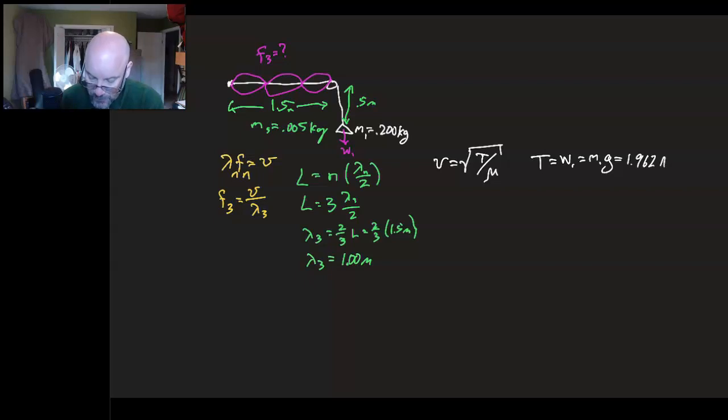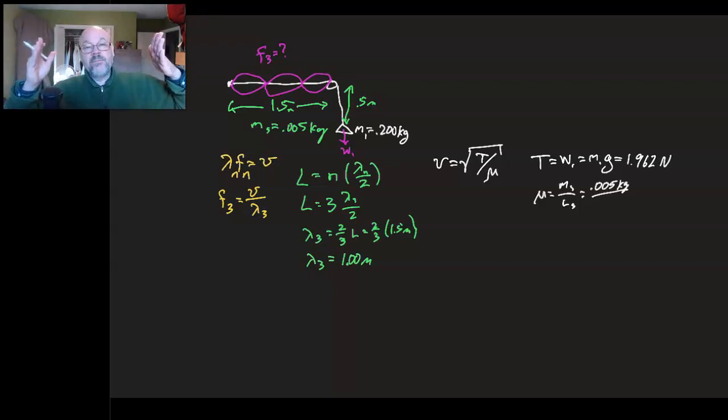And in this particular case, that turns out to be 1.962 newtons. Now, mu is going to be the mass of the string divided by the length of this string. So we're looking at 0.005 kilograms divided by the length of the string, which is 1.5 across and then 0.5 down. So that's 2 total meters.